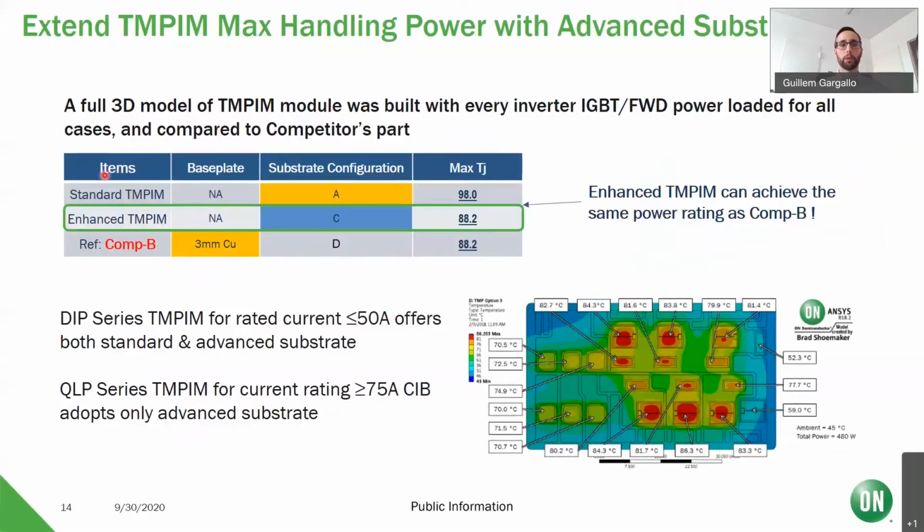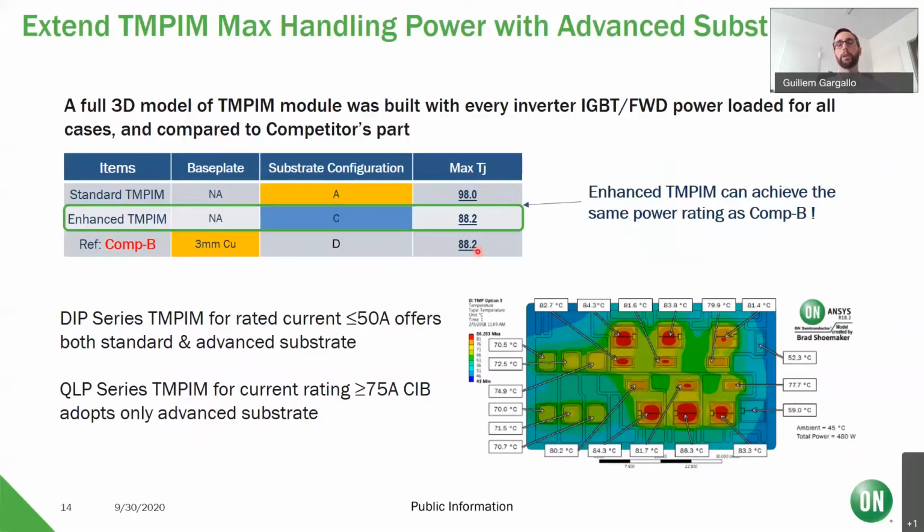In the first stage we took our standard transfer molded PIM, and we can see that the maximum junction temperature for the same operating conditions is significantly higher than a base plate package. So far that's normal. With the base plate we can achieve, of course, better thermal spreading. But of course the base plates come at a cost, and also add an additional layer which might be a critical point for reliability.